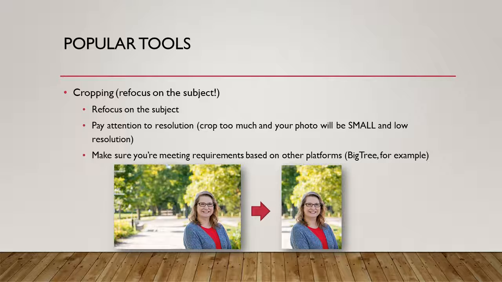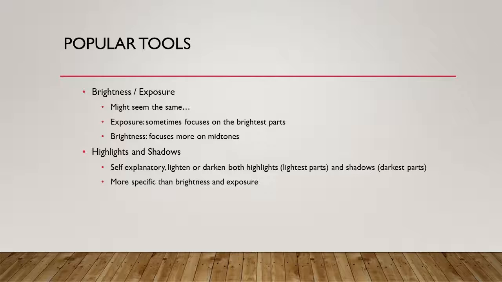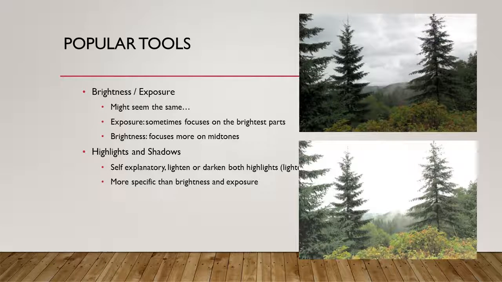Another thing that you can adjust is brightness and exposure. So you might think that brightness and exposure are the same things, but they actually aren't. So exposure is basically how much light you're letting into your camera when you take your original photo.